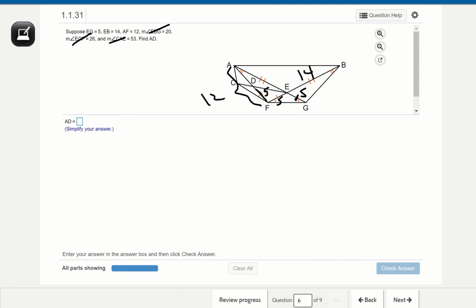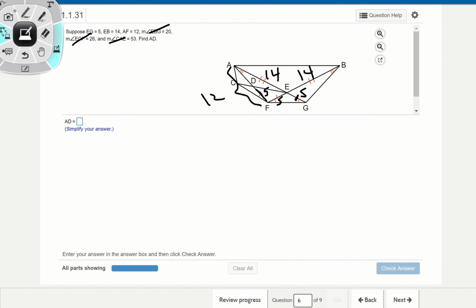So I'm going to label that 5 just for that mini line segment. And then for the other clue, it says EB is 14. So anything with a double tick mark is 14 as a distance. So that means that this one right here has to be 14. And that's basically it for the clues, aside from the fact that AF is 12.